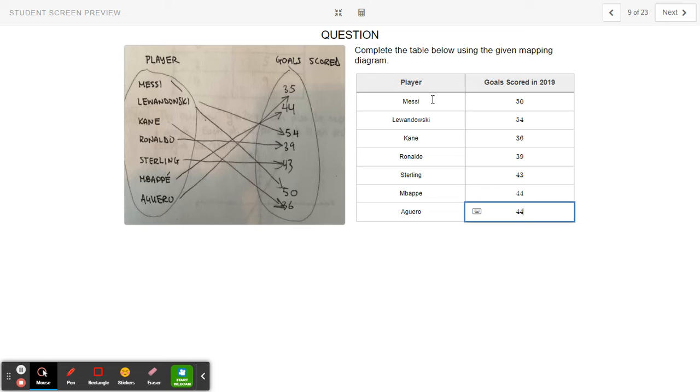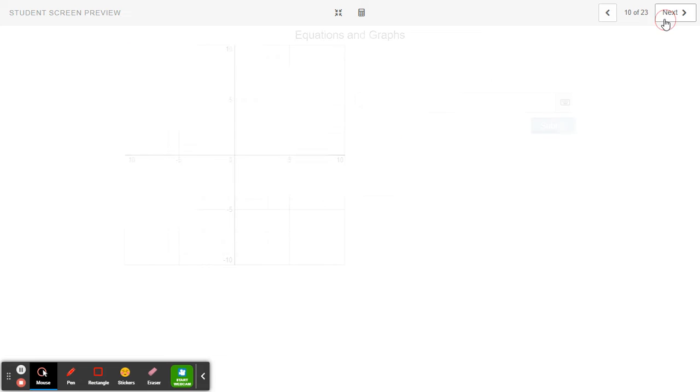Did I screw one of those up? No, Aguero has 35. All right. So a mapping diagram can be written as a table of values. Hopefully that's not too messed up. The X column is the independent, or the inputs. The Y column is the dependent, the outputs.